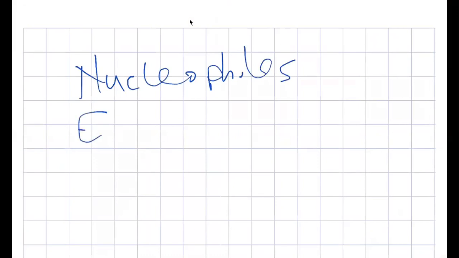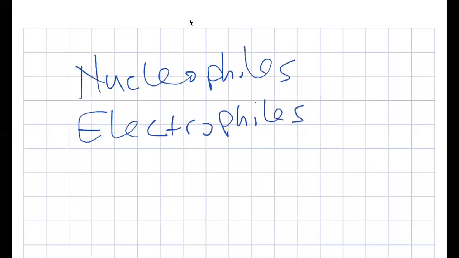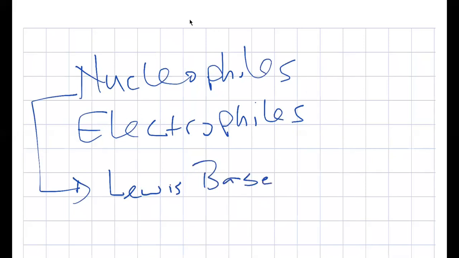But the concept of nucleophiles and electrophiles is very closely related to acids and bases. A nucleophile, another way to term that is what we call a Lewis base, or an electron donor.